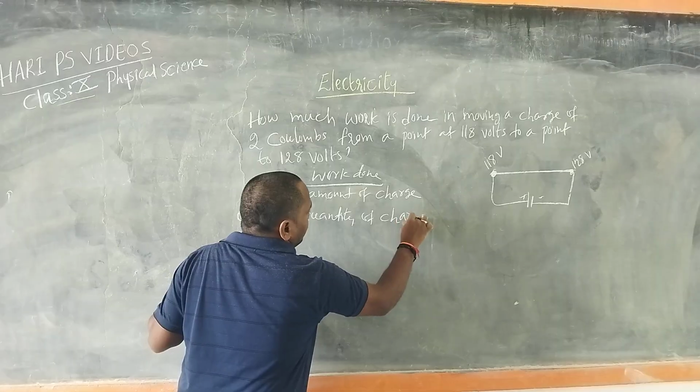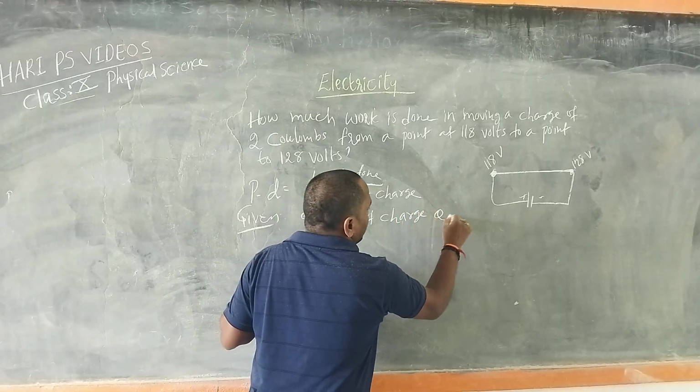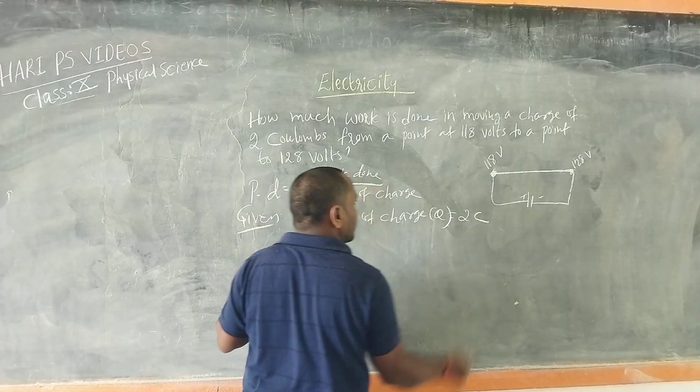Quantity of charge Q is equal to 2 coulombs.